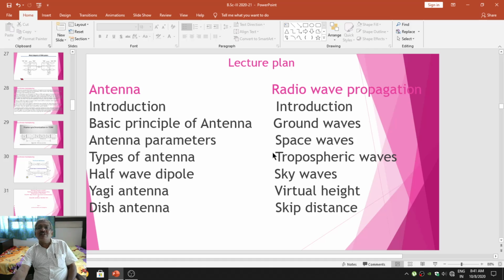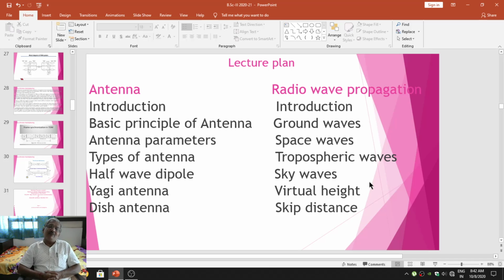Then we are going to study the tropospheric waves, and also we are going to study the sky waves. By using them, how the information from the transmitting antenna will be received at the receiving antenna.